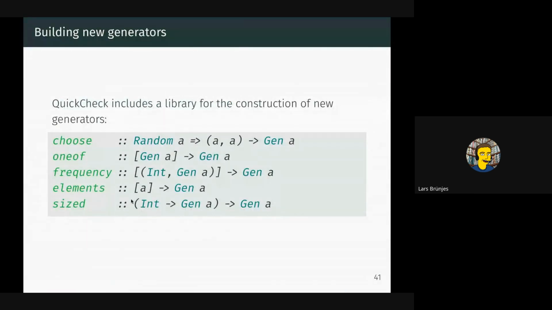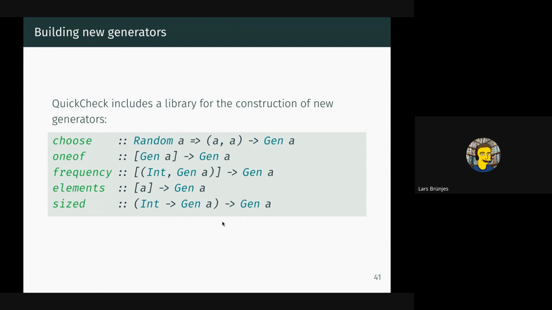And we have sized. So this is a bit more interesting. We talked about complexity. QuickCheck has a concept of simple values and more complex ones, and this you can do with this sized function. So given a function from a size, which I think starts at 0, to a generator, it produces a generator.